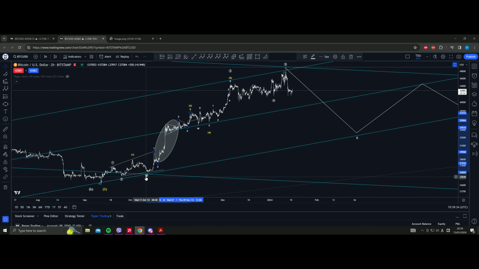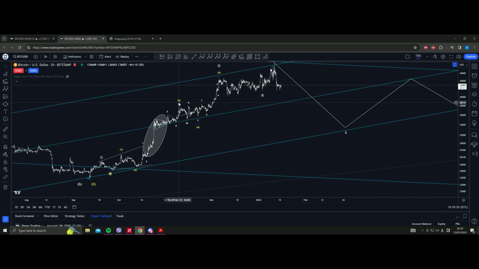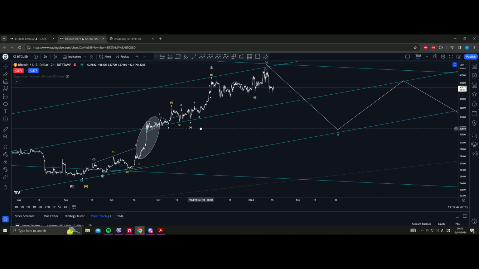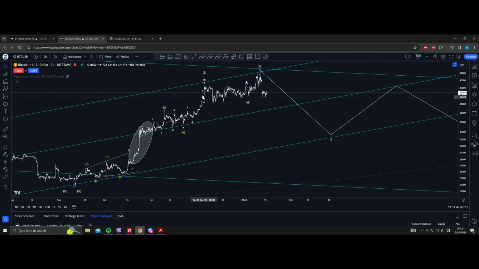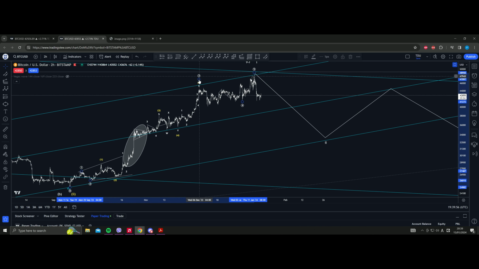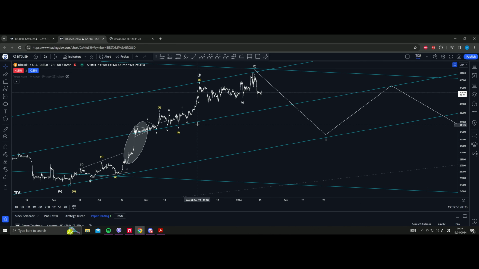There's a whole impulse here, 1, 2, 3, 4, and 5, and that would complete the inner third yellow with a WXY sideways combo of a zigzag wave X and a flat. So then this would be the yellow 4, and then 1, 2, squeezing 3 with a 4 here, and 5 to complete the yellow sub-micro count. And then we would complete only the microwave 3.